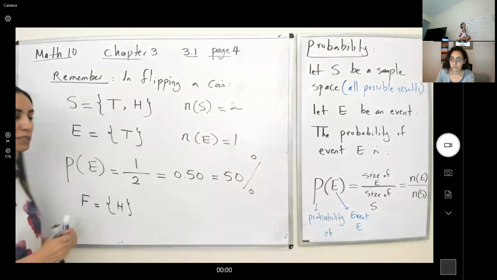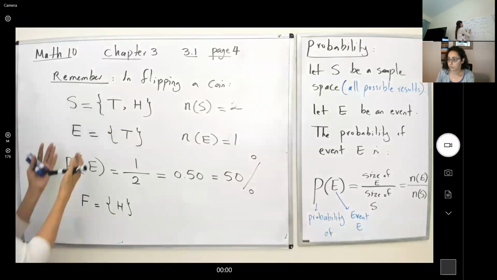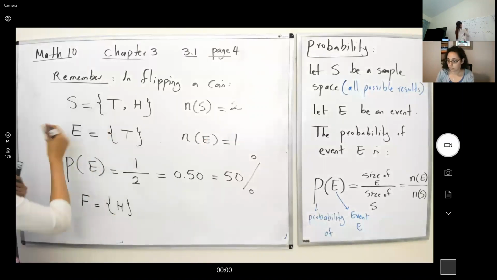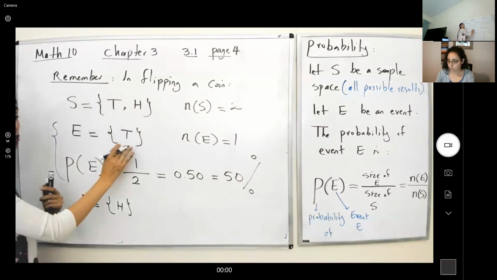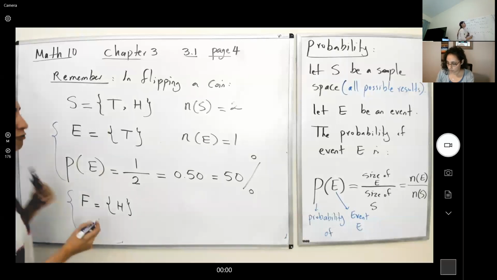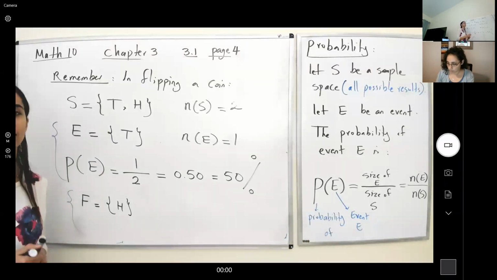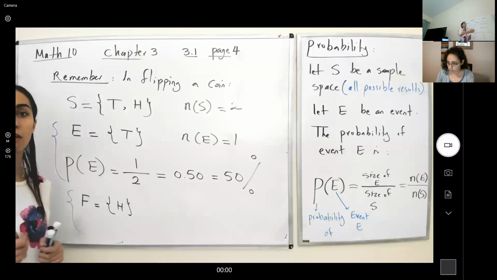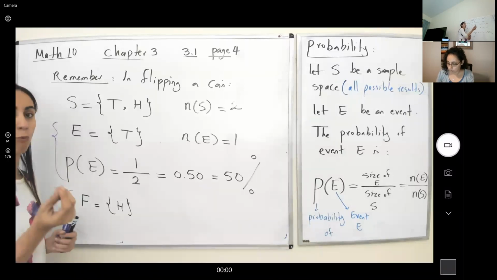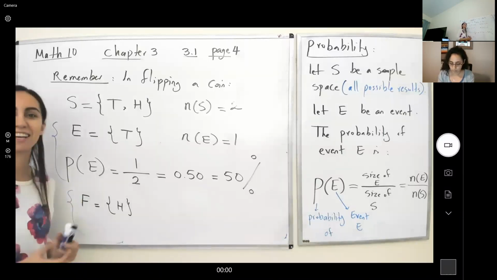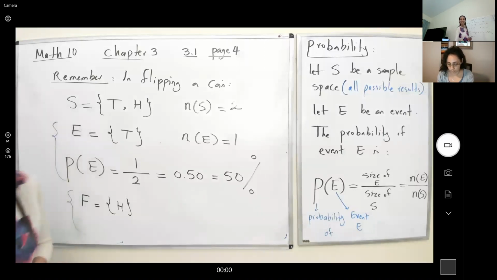What is the probability of F? Now I'm just giving you different events. Go ahead. What is the probability of you flipping a fair coin once and you get head? How do you calculate that?